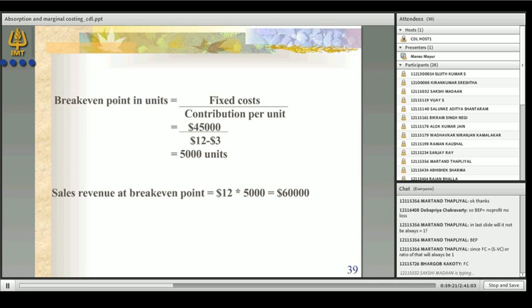Fixed cost. That's the right answer. So at break even, your contribution is exactly equal to fixed cost. That means you have recovered your fixed cost completely. Now whatever sales is coming next, that will be going directly towards your profitability after subtracting the variable cost, because variable cost will be changing.